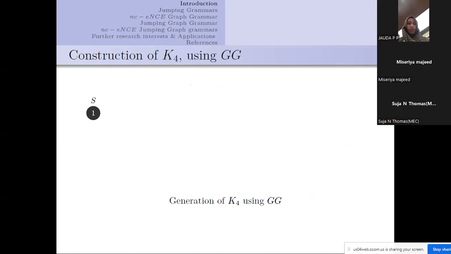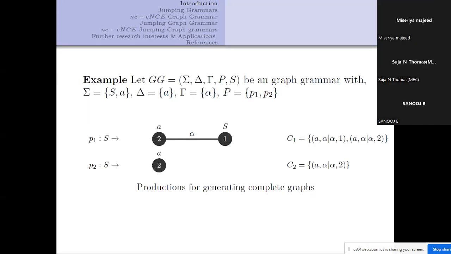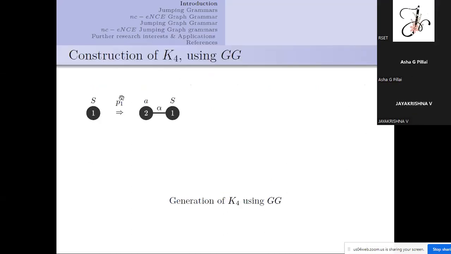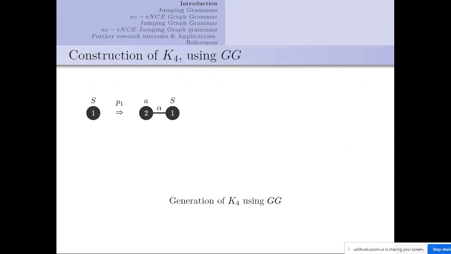Right now, I'll show how to generate a K4 graph. So these are the first two rules. It starts from a single node, that is S, the starting node. Then you use production rule number 1 to replace the node S with a graph, that is AS. A to S is connected with an alpha edge.